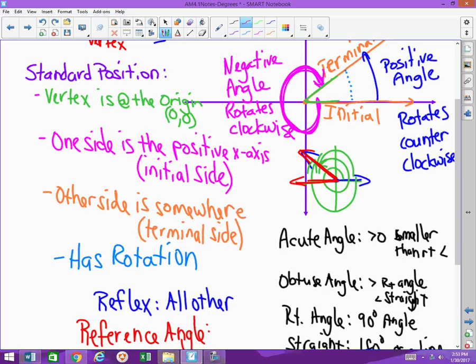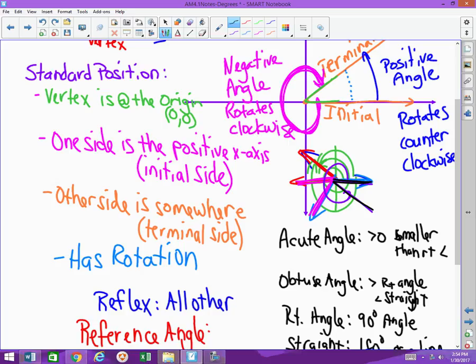And if your angle were to start here and be down here, well, then your reference angle is this one right there. Same thing as if it's over here. If that's your angle, and say it's that one right there, well, your reference angle is this one.